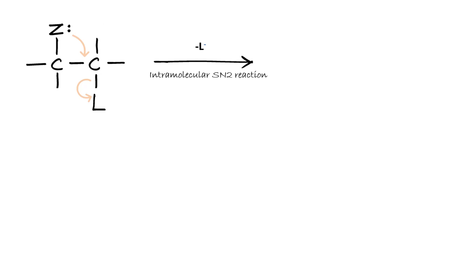In an SN2 reaction, the group acting as a nucleophile attacks the carbon species from the backward position and the leaving group is eliminated as L minus. The reaction which takes place within the same molecule is called an intramolecular reaction. So this first intramolecular SN2 reaction gives a product like this, a cyclic intermediate.